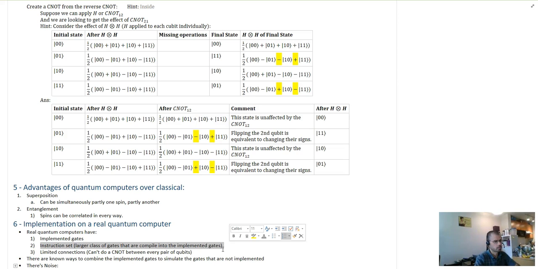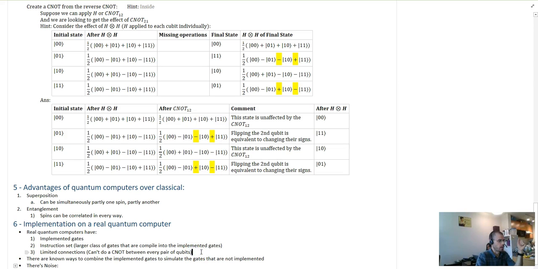Now, if we want to optimize our algorithm and reduce error, we probably want to use fewer gates. It'll make it quicker, and these quantum computers aren't perfect, so there's some error the more gates you use. So to reduce error, we might want to pay attention to the underlying implemented gates so that we use fewer gates overall.